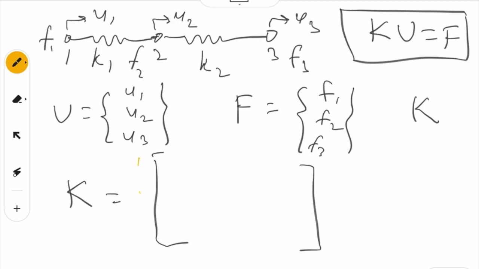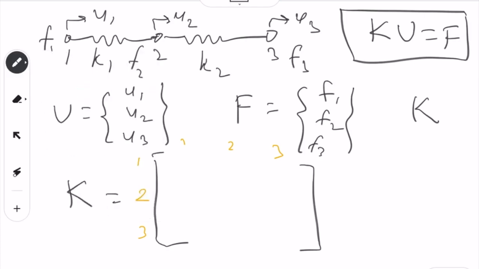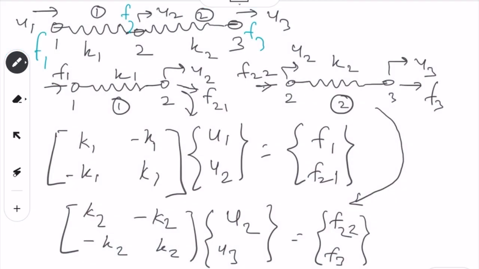So 1 2 3, here also 1 2 3, right, okay, and then if you go back and see your stiffness matrices here, for the first one you had K1, minus K1, minus K1, K1, which corresponds to node 1 and 2.